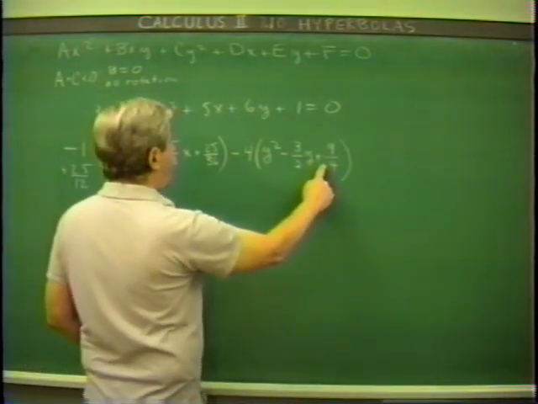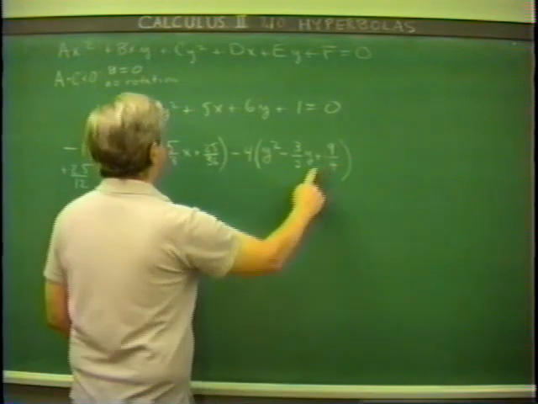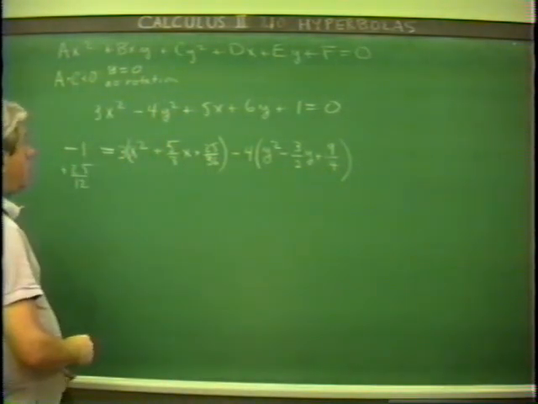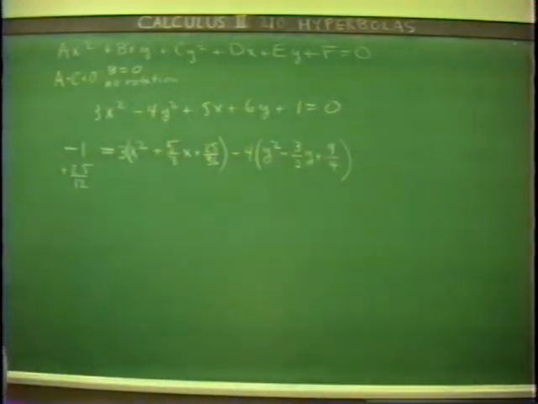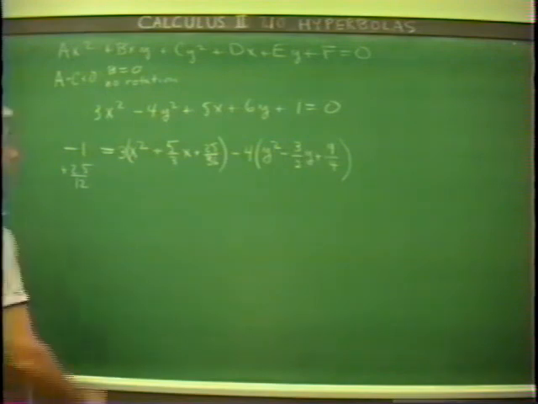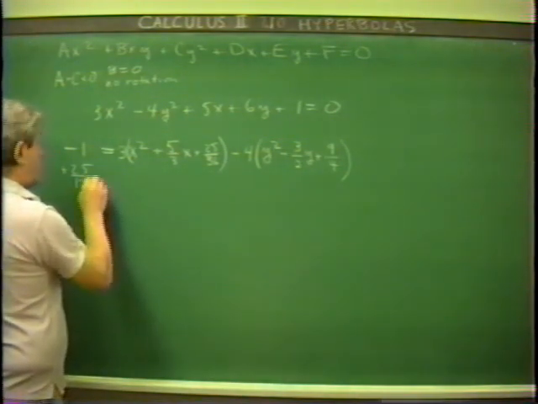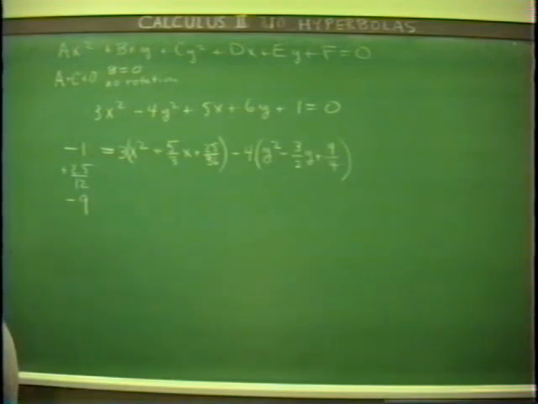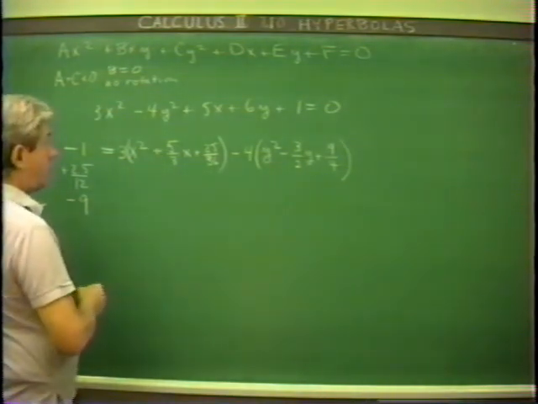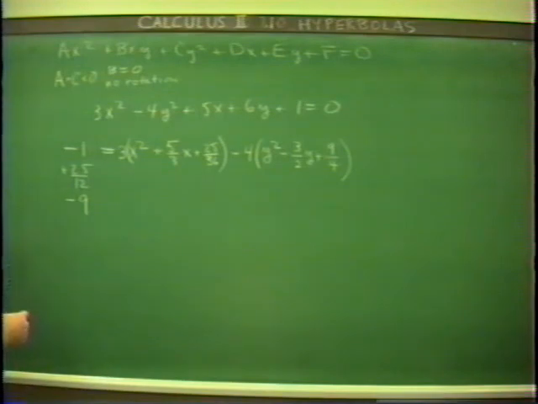We've added... we subtracted 9 over here, huh? We subtracted 9 from this side, so we have to add 9. Subtract 9 from this side. Okay.